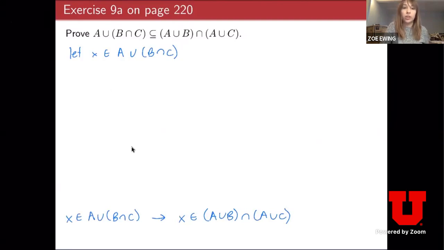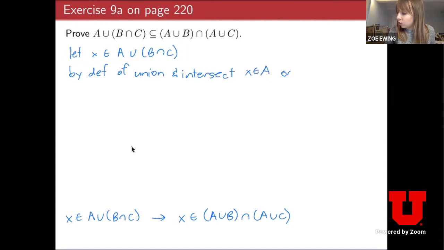So let's work through this together. So we've got that X is in the set A union B intersect C. So that means we know that by definition of union and intersect, X is going to be in A or X is going to be in B intersect C.